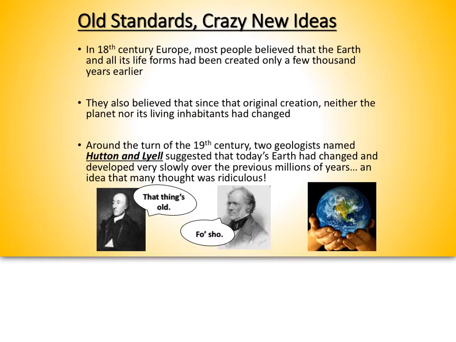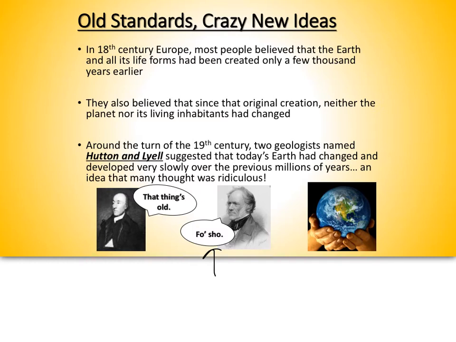Now, around the turn of the 19th century, around the year 1800, and as usual, you don't have to know dates for my class, two geologists, two rock scientists named Hutton and Lyell, who you see here, suggested nothing about biology, nothing about evolution, but they suggested that if you looked at the rocks on our planet, all the landforms you see, there's no way it developed in only a couple thousand years.